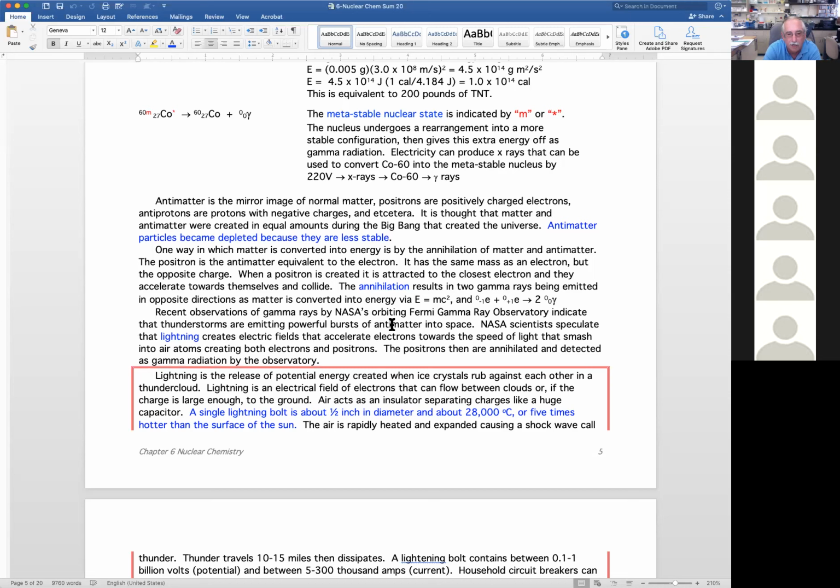They smash into air atoms, creating both electrons and positrons. And then when the positrons and electrons annihilate one another, it gives off gamma rays. So here's something interesting. Every time you see lightning, you should really be thinking, oh my God, there's antimatter being created and destroyed.